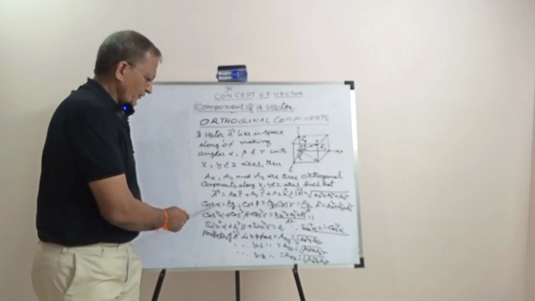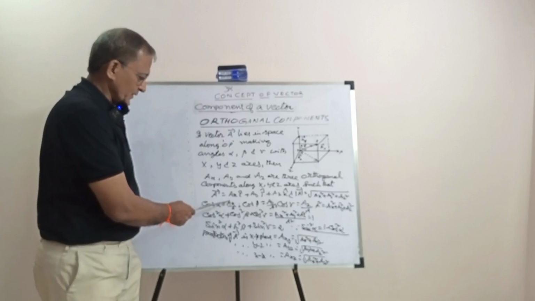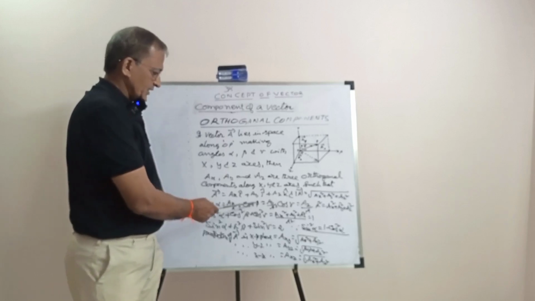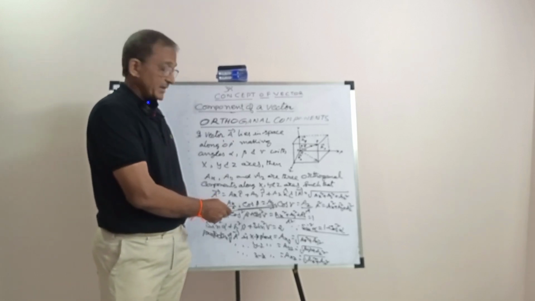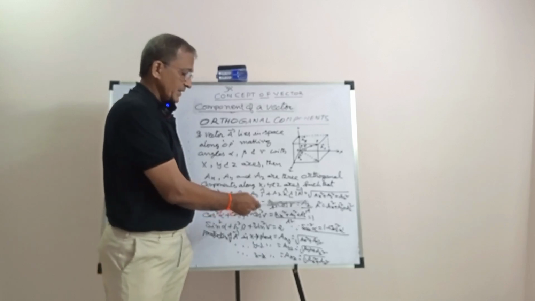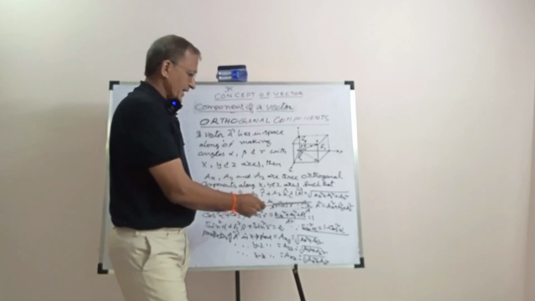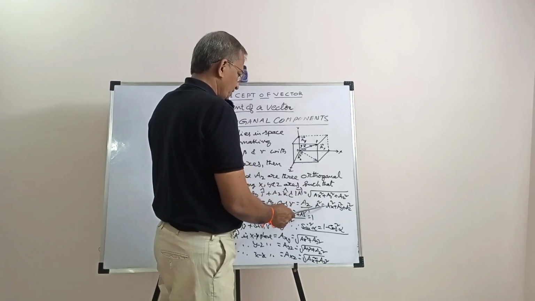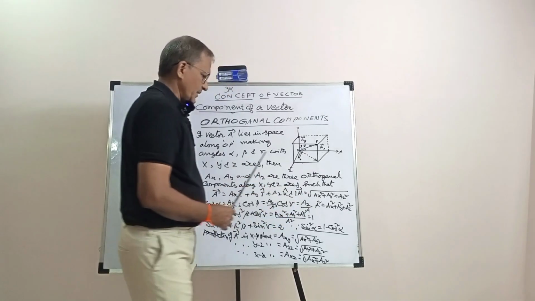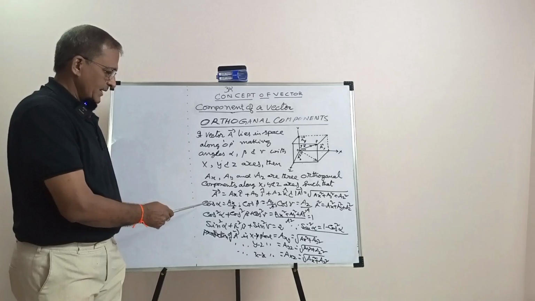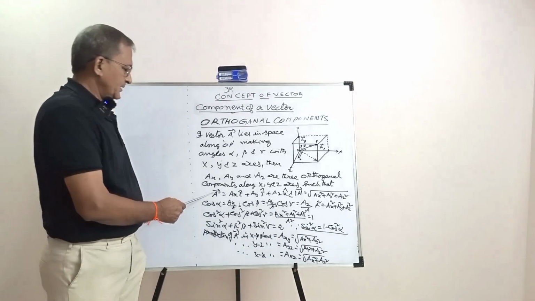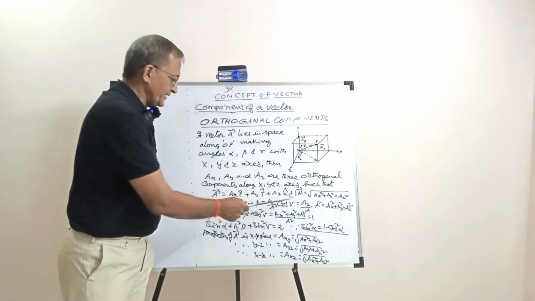And the value of cos alpha is as usual Ax by A, cos beta is Ay by A, and cos gamma is Az by A. So if you square this, A square is equal to Ax square plus Ay square plus Az square.